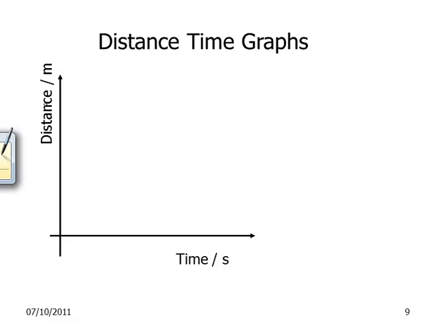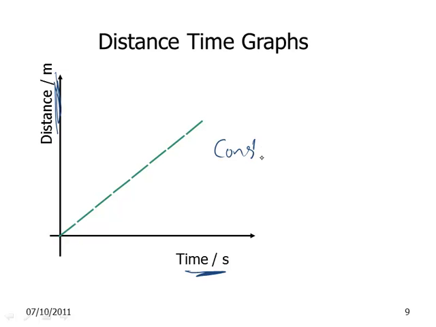What I want to think about here are distance-time graphs. These would have been covered in your junior cert paper, where you've got time on the x-axis and distance on the y. What this graph shows is that for a set amount of time, this body is going a set distance. This is a graph for constant velocity. So let's say every 5 seconds it could be travelling 10 meters.